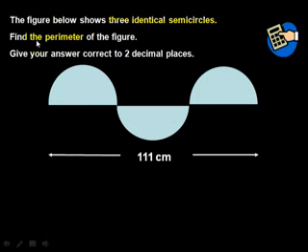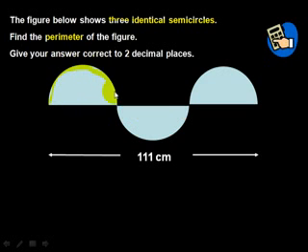Now, to find perimeter, we need to find the length of the circumference of this semicircle plus the diameter of the semicircle. Perhaps I can highlight so that it will be easier to see.